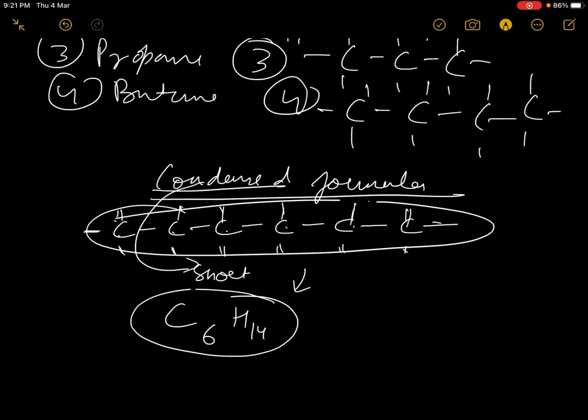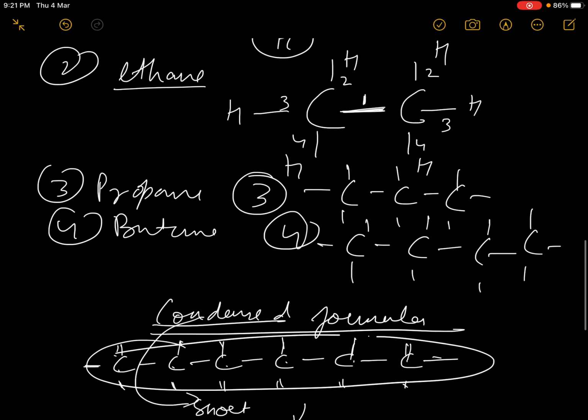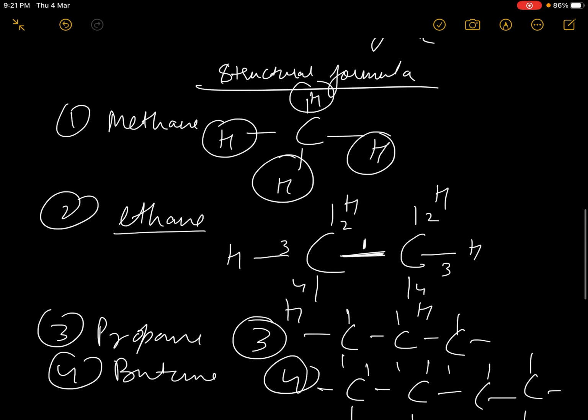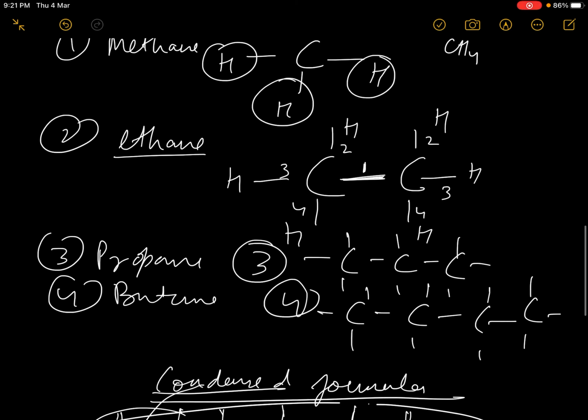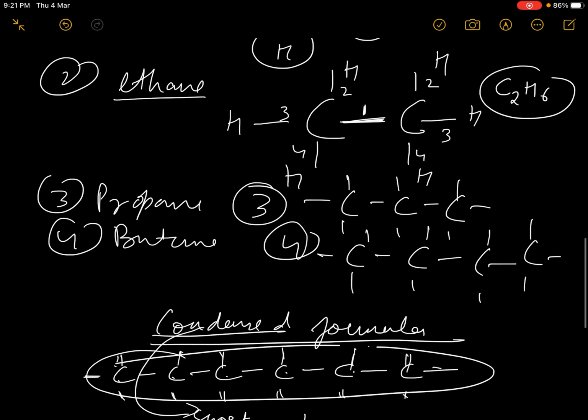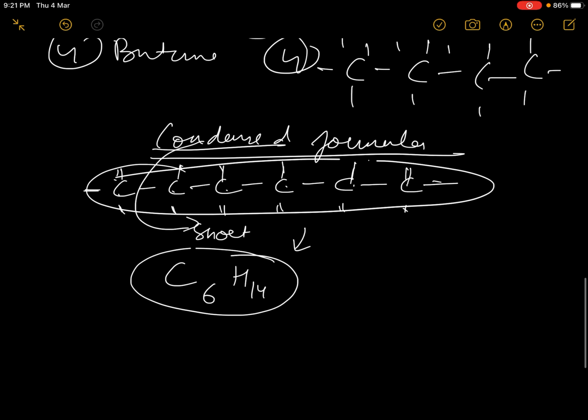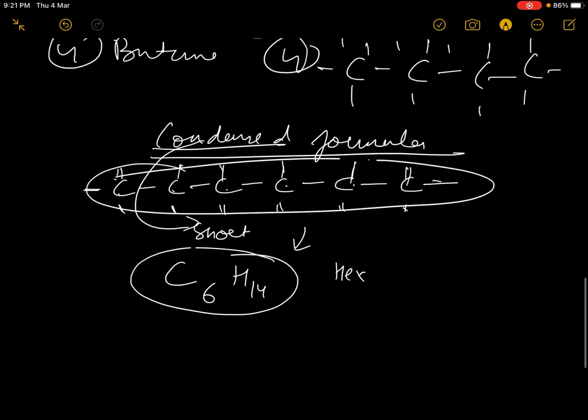This is the condensed formula. Similarly, the condensed formula for this is CH4, 1 carbon and 4 hydrogens, and for this it is C2H6. C2H6 is the condensed formula for ethane. And what is this? This is hexane. Hex means 6.